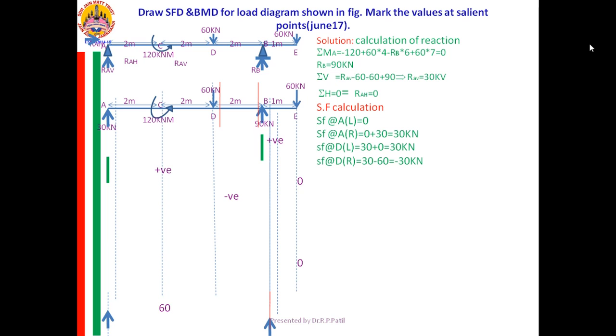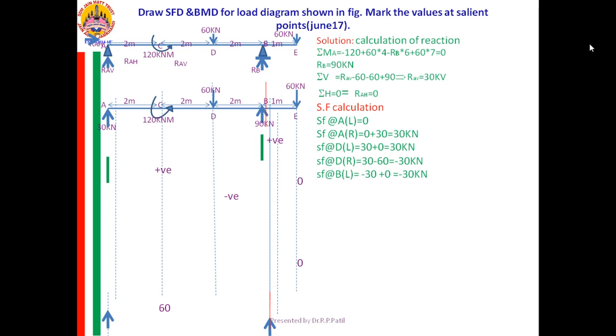From there I am going to the B left. No new load between D right and B left. Therefore it is minus 30 plus 0, again minus 30. From B left I am going to the B right. Again I am considering the left side only.